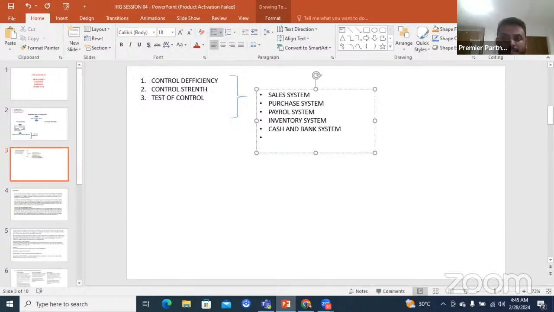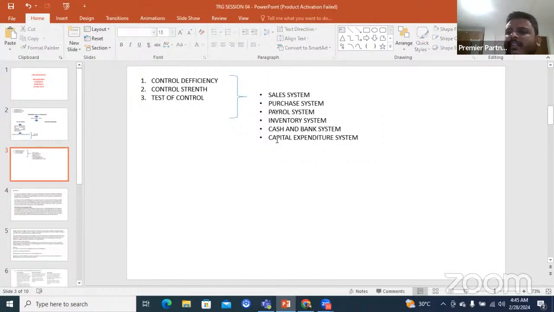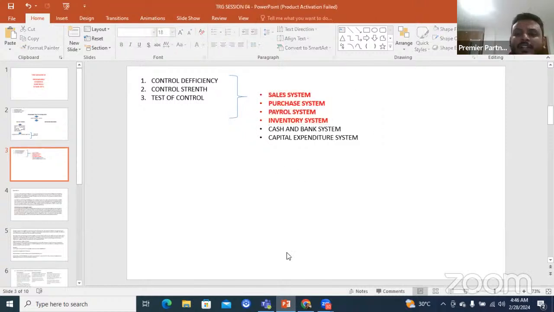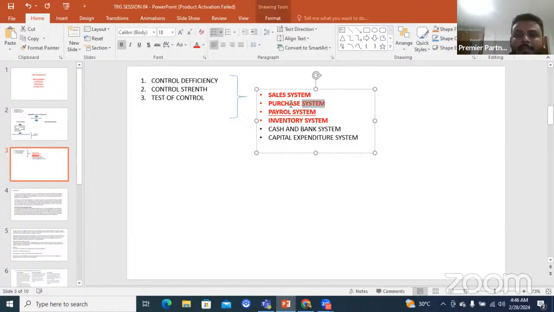Then capital expenditure system. These are the systems. But students, please practice these 4 systems, including the sales system and purchase system.